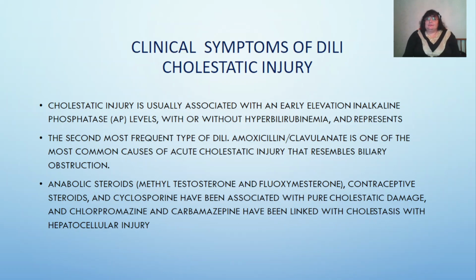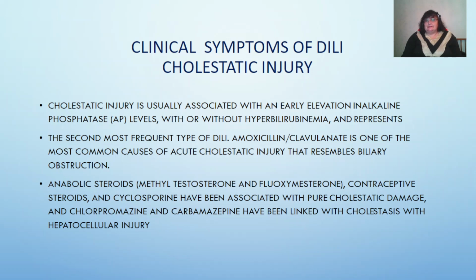Clinical symptoms of DILI, cholestatic injury. Cholestatic injury is usually associated with an early elevation in alkaline phosphatase, ALP, levels with or without hyperbilirubinemia and represents the second most frequent type of DILI.